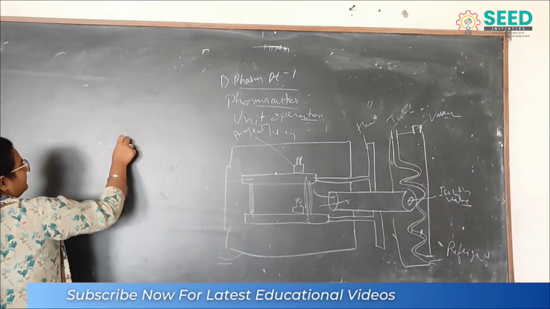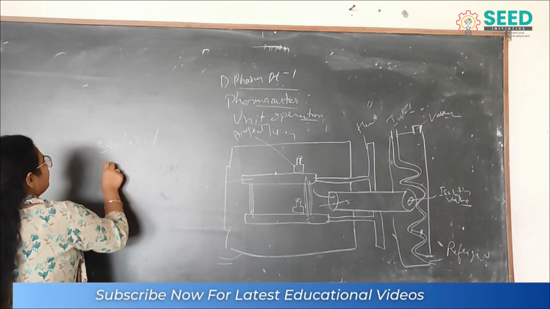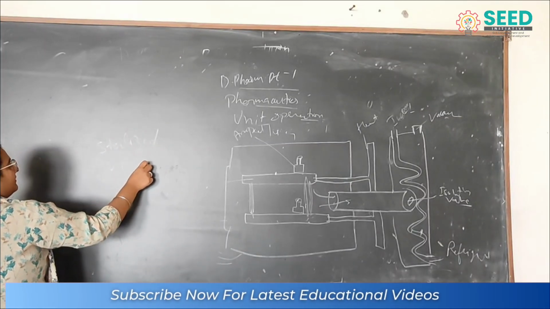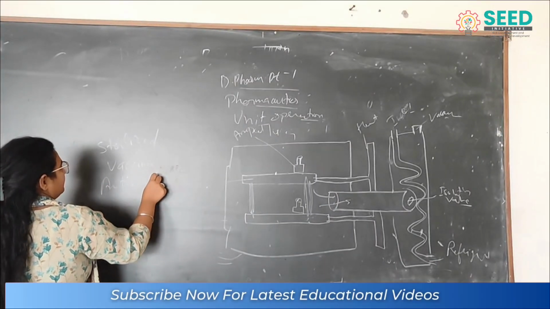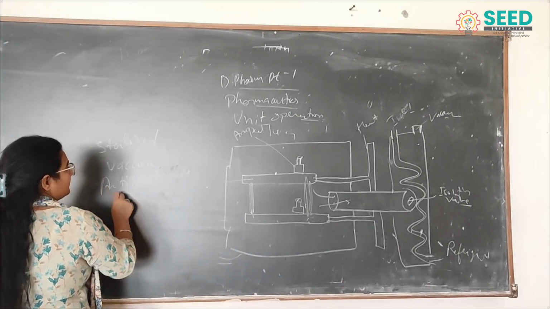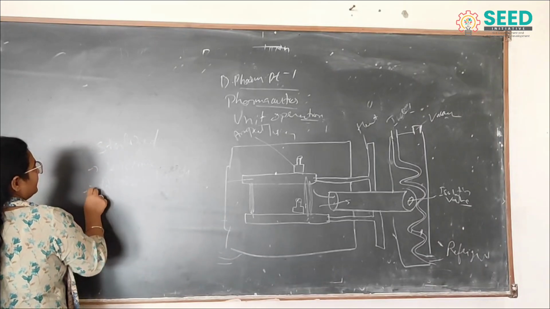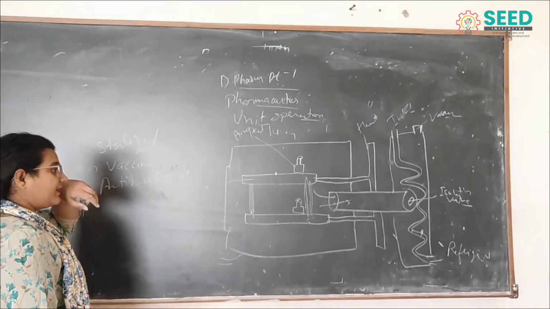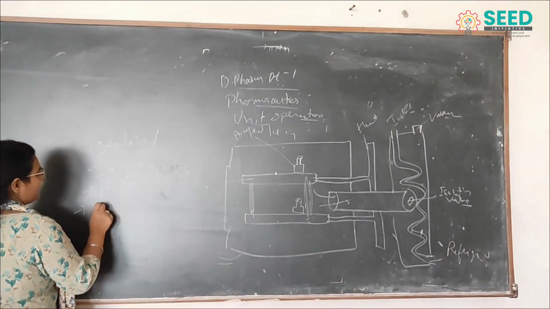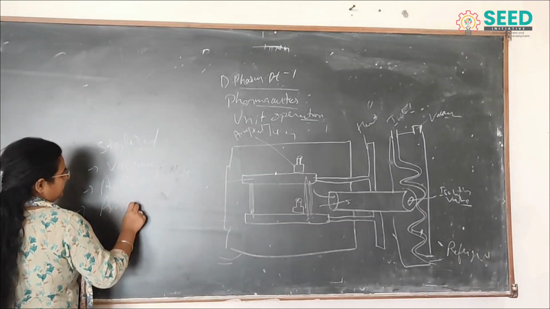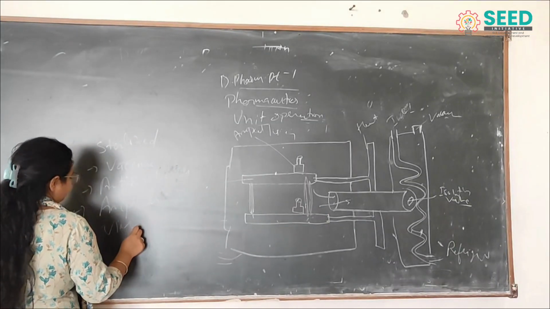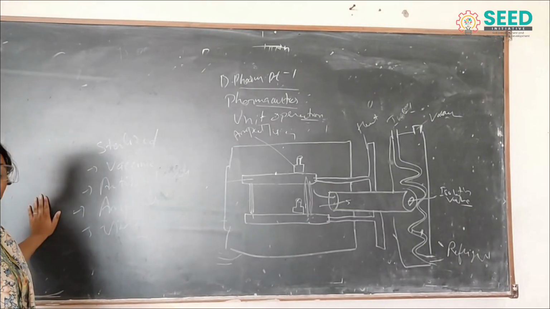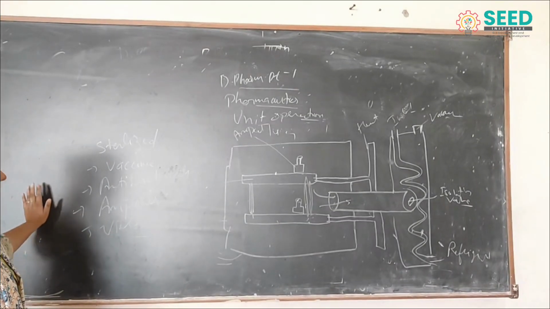Sterilized vaccines and antibacterials are dried in this process. Ampoules and vials are filled after this drying.